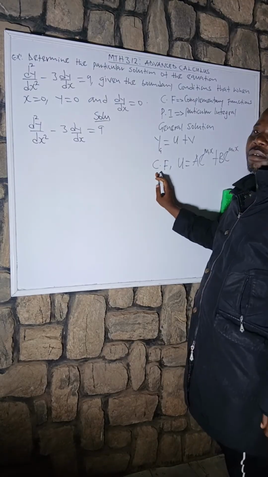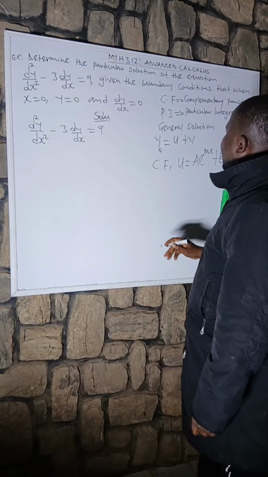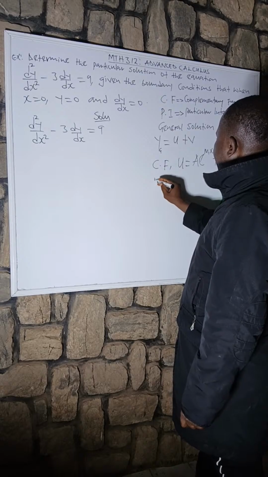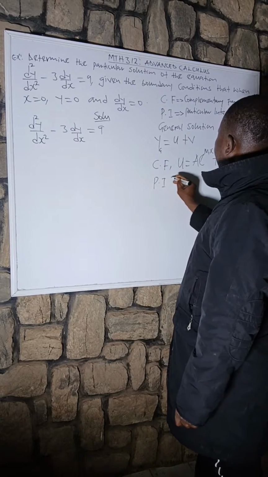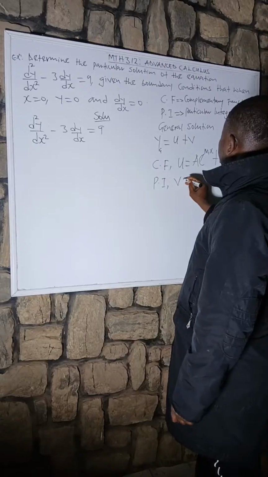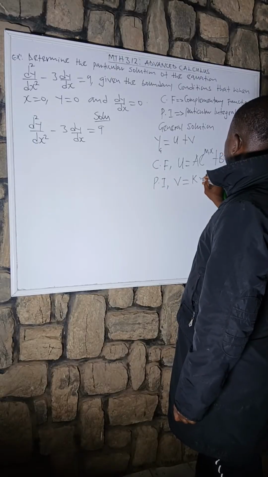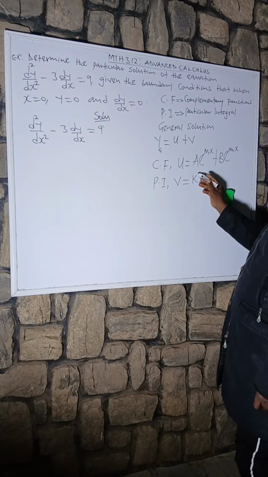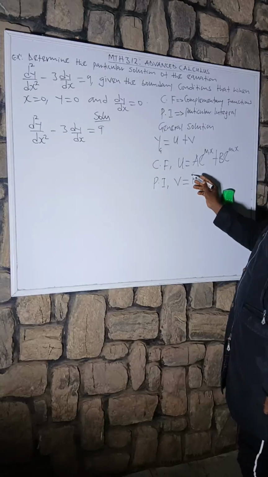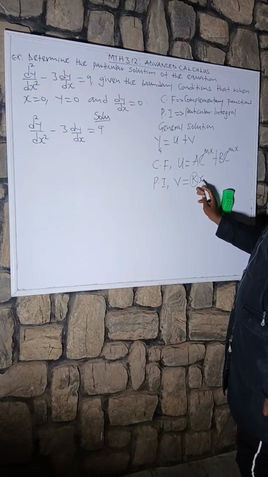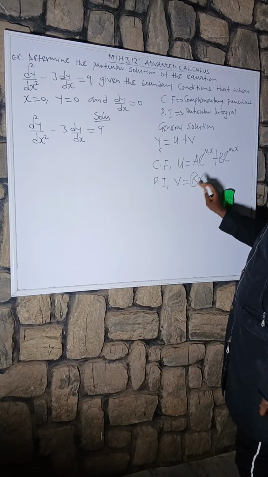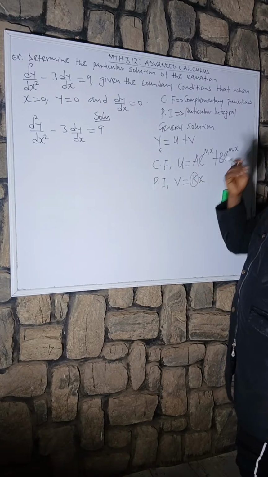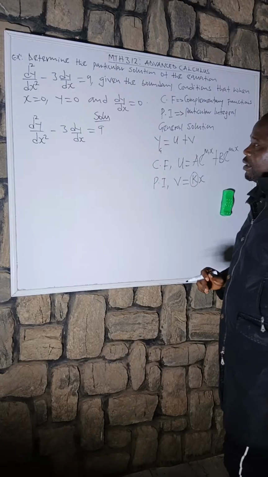This is our complementary function. Then our particular integral is v equals kx. In the long run, we are going to consider the value of k, and whatever we get, we use it to multiply x. Is that clear?